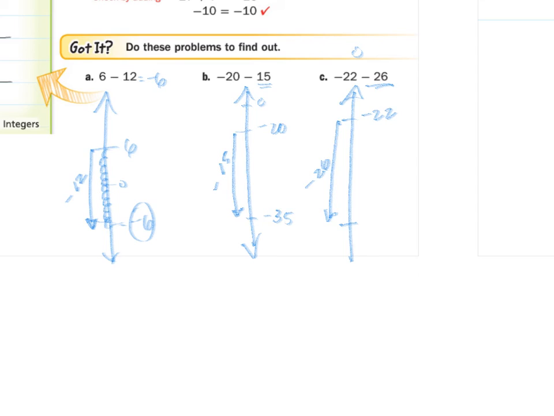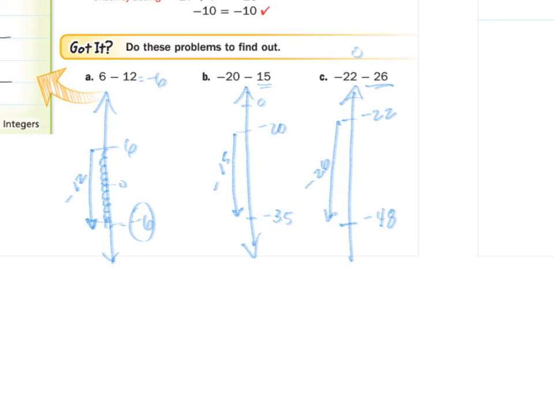So we're not going to 0, we're getting colder, we're getting more negative. So when we subtract 26 positives, it's getting more negative. So we're going to be at negative 48. Now some of you might be noticing that 22 and 26 have a relationship with 48.